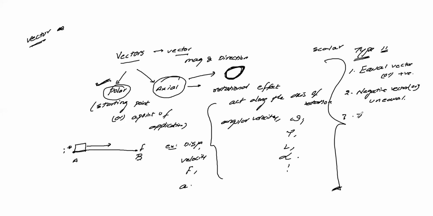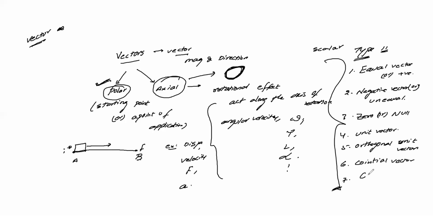Third one, zero or null vector. Fourth, unit vector. Fifth, orthogonal unit vector. Sixth, co-initial vector.